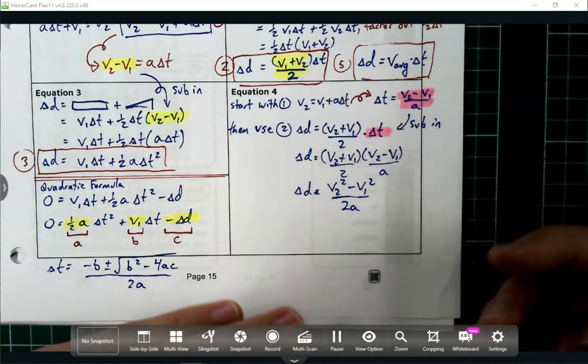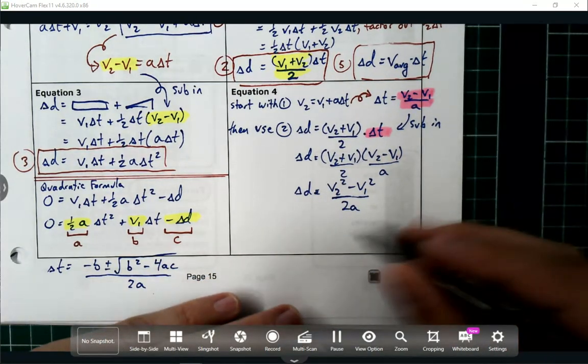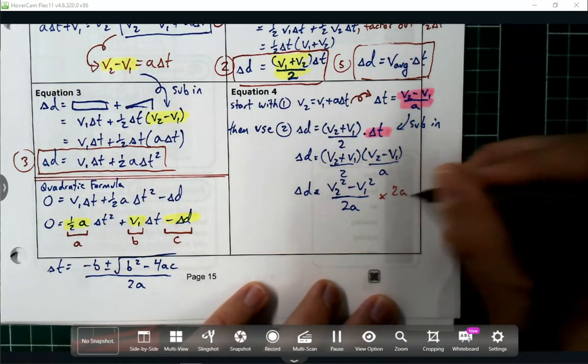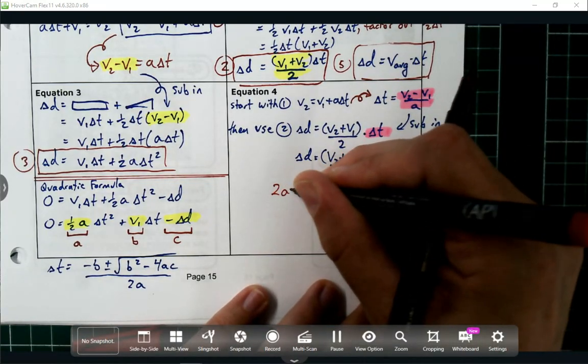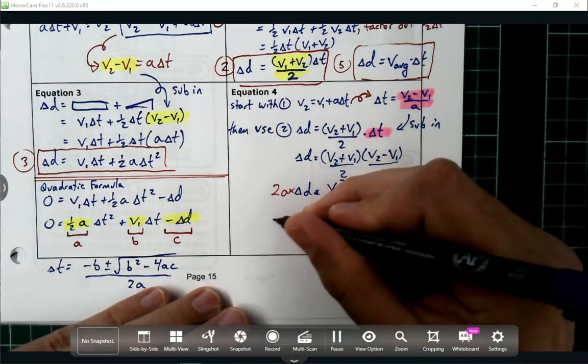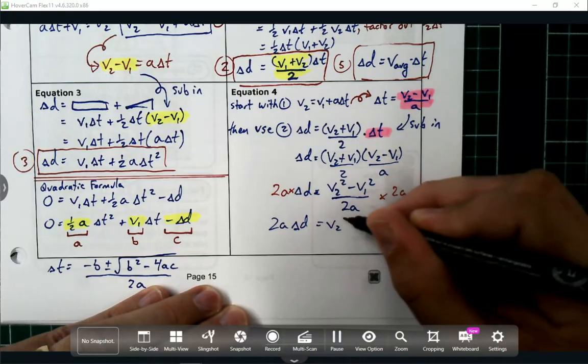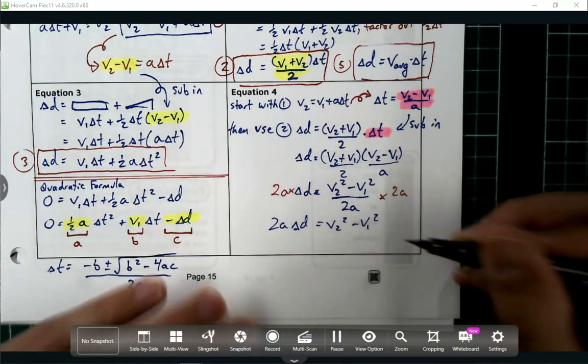You're like, wait a minute, that simplified out in an awful hurry. If I clear the fraction, multiply both sides by 2a, then I end up getting 2a delta d equals V2 squared minus V1 squared.